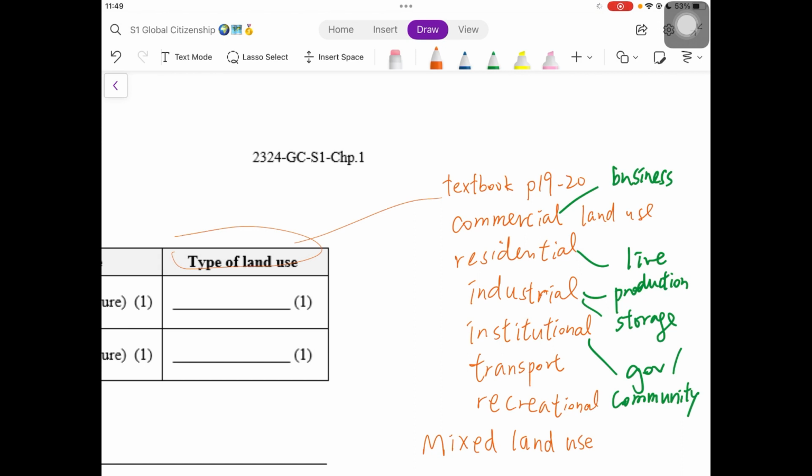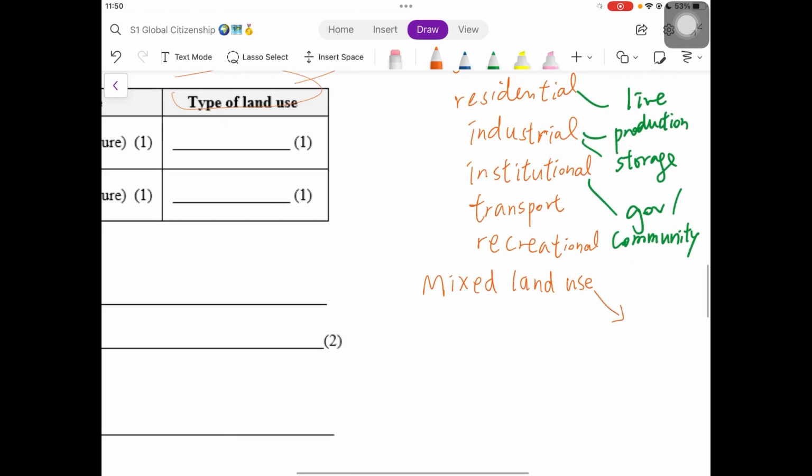Generally speaking, in Hong Kong, there are some land uses that have quite a bit of history and were built in the past. At that time, the urban planning, the city planning, was not that complete, not that well structured, so there will be mixed land use. Let's say if you went to some old district of Hong Kong, like Sham Shui Po, you can see that in a building, you have some residential land use on the top.